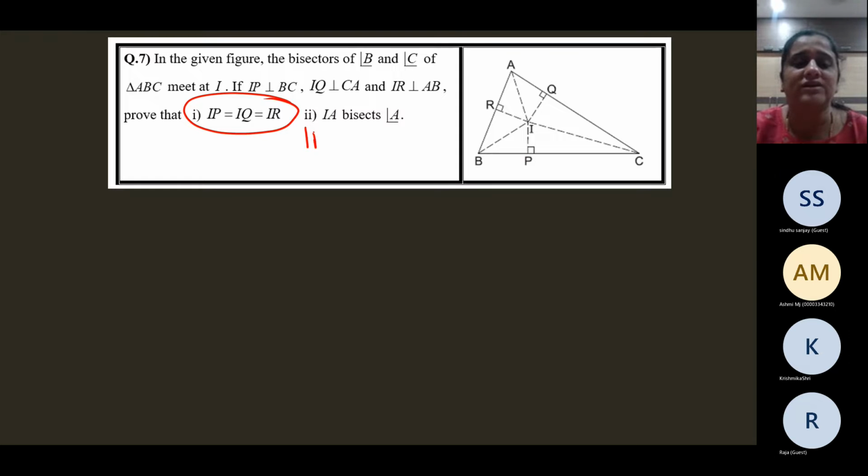First, maybe you can say that IP is equal to IQ. You'll have to take two triangles, show that they are congruent and prove IP is equal to IQ. Then two other triangles, show that IQ is equal to IR. Only when we start working, we'll know. Like this, A is equal to B, B is equal to C. So A, B, C, they're equal.